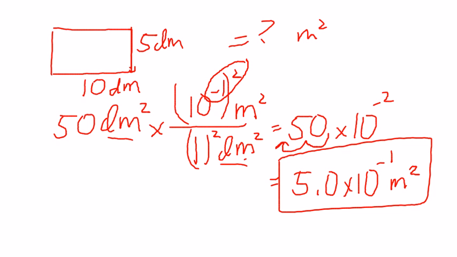Another example that we could do is cubic conversions. Instead of squared, it's cubed. For example, with volume. Let's say you're in the woods and you walk up to a pond that has a volume of, let's say, 15 meters cubed.